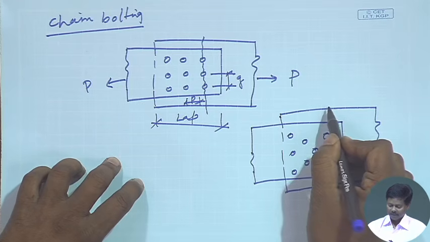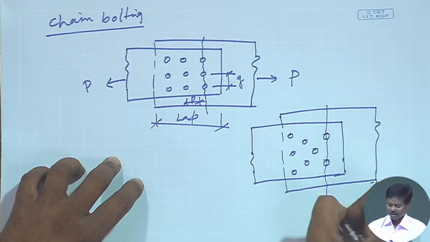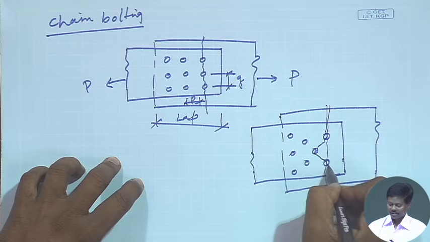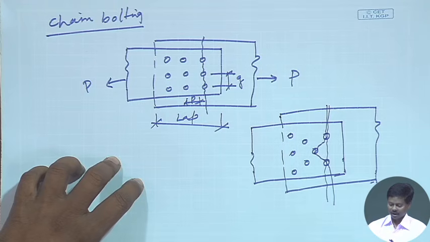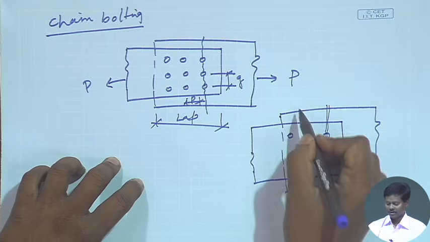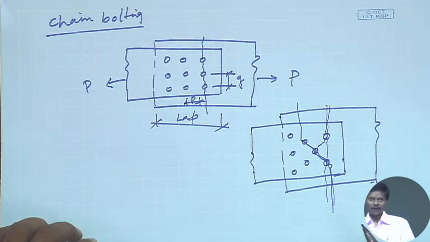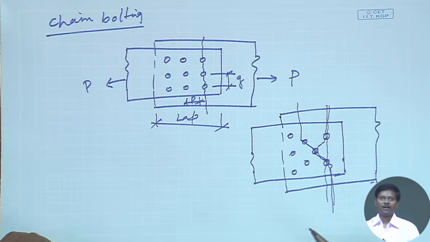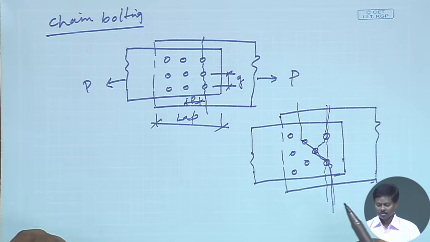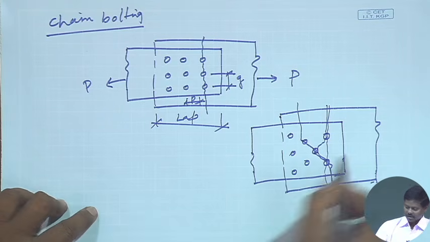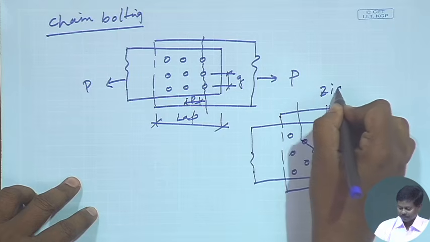So, the failure may occur in this direction, or in this direction. So, it may occur in different ways. That means another way of occurring is this. So, we have to calculate the weakest section, and according to that we calculate the lowest strength of the connection, and then we find out the requirement. This is called zigzag bolting.